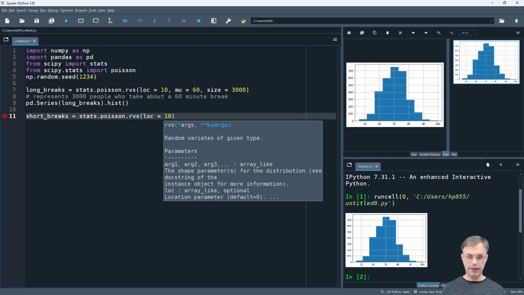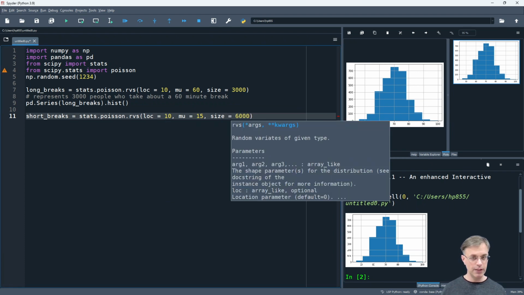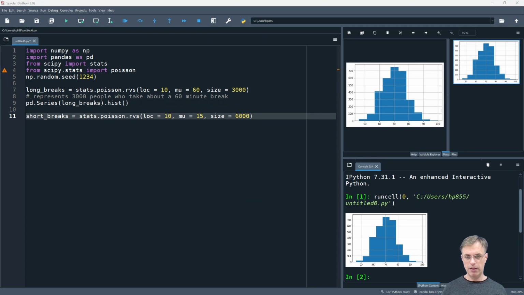Loc is 10 again, mu is this time 15, so the shape parameter, and the size is 6000 as we talked about.